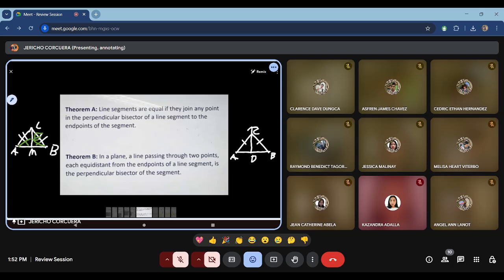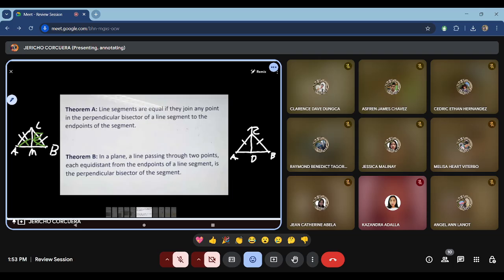Kasi in a plane, a line passing through 2 points, each equidistant from the endpoints of the line segment. Ito yung line CD. Yan yung line passing through 2 points. We have point D and point C. And each equidistant from the endpoints of a line segment, which is line segment AB, point A and point B. And we have two line segments, AC and BC.